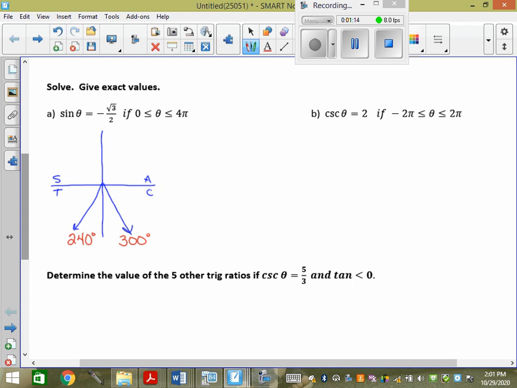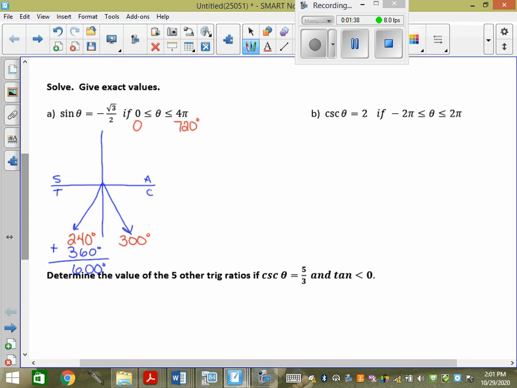And then we can look at our radians. It's from 0 to 4 pi. 4 pi is 720 degrees, because 2 pi is 360. So these fit between 0 and 720. True. But there's also more answers, so I have to find their coterminals. If I add my 360, I get 600.